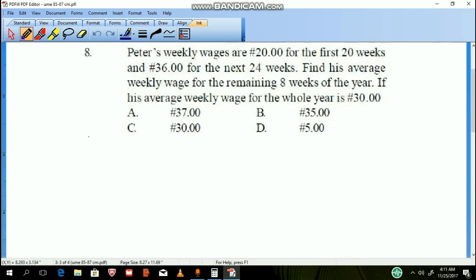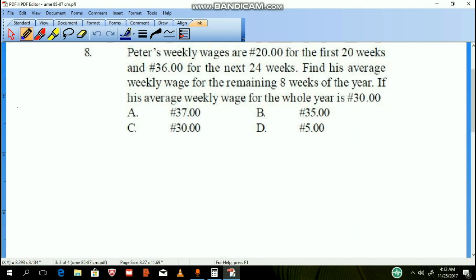Now here we are told Peter's weekly wages are 20 naira for the first 20 weeks and 36 naira for the next 24 weeks. We are told to find his average weekly wage for the remaining 8 weeks of the year, if his average weekly wage for the whole year is 30 naira.